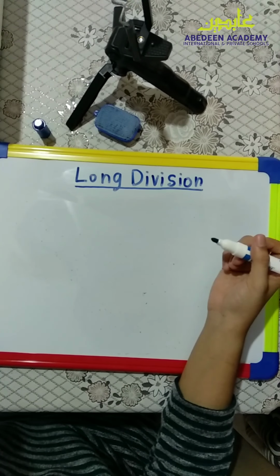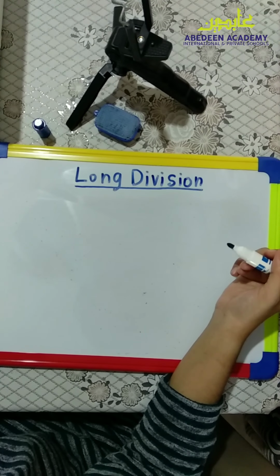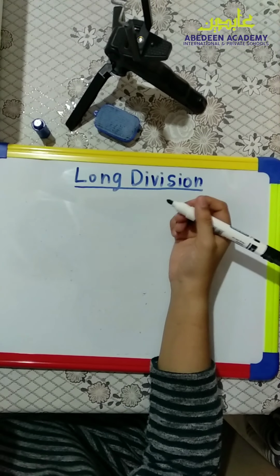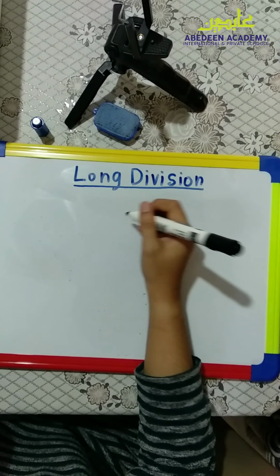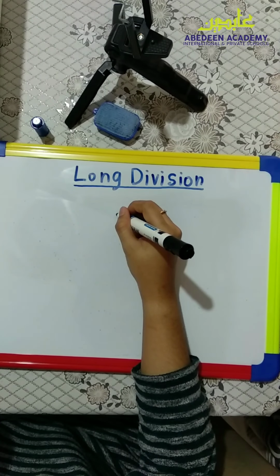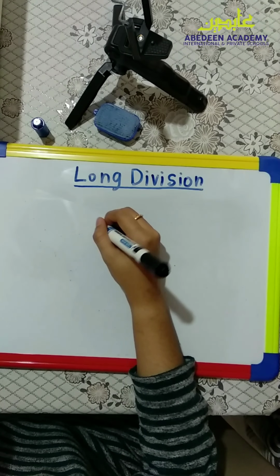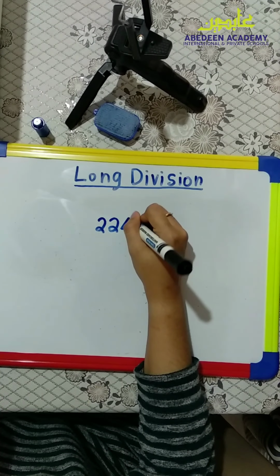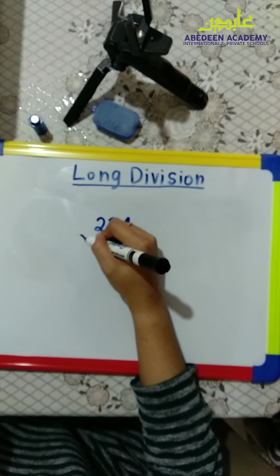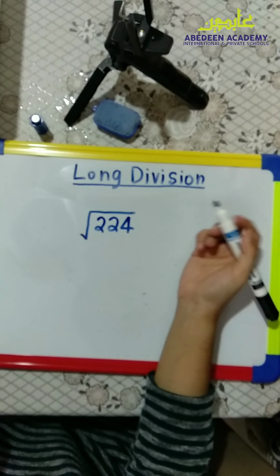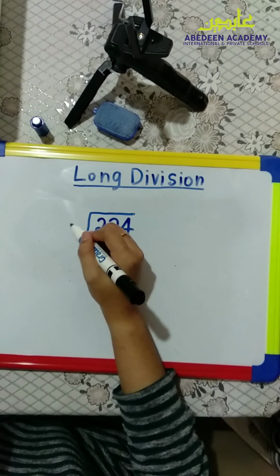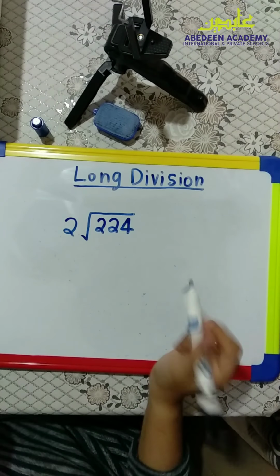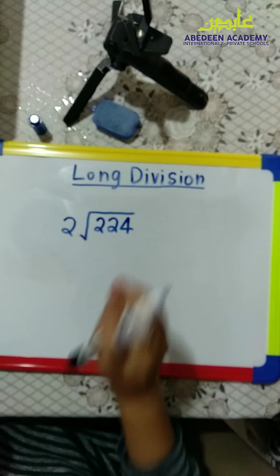Let's do 224 for the dividend, and then the divisor we will put 2 here, so it's table 2. Anything involved here is in table 2.